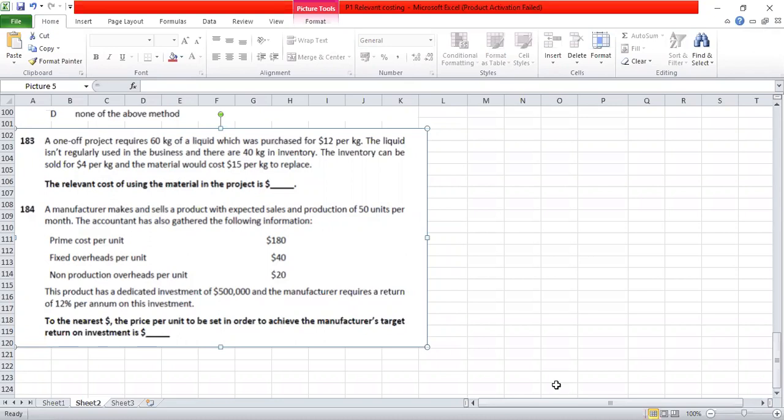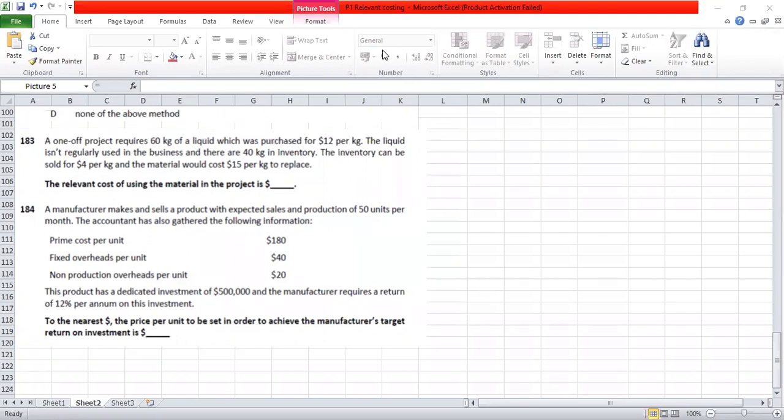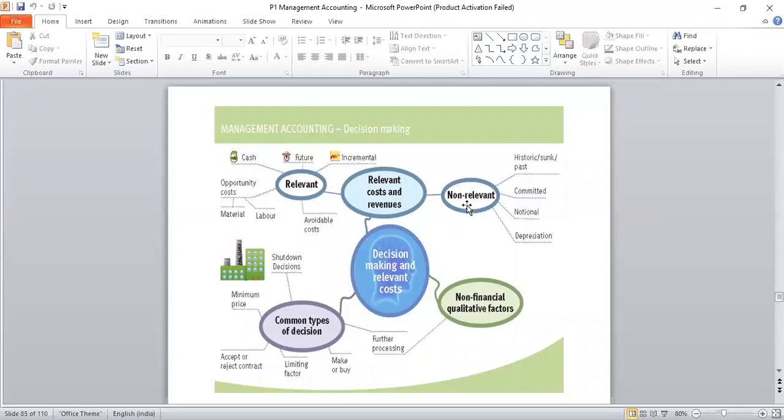The inventory can be sold for 4 per kg and the material would cost $15 per kg to replace. So the replacement cost is relevant for decision making. There's only one historic cost. The other two sets of data are relevant for decision making.